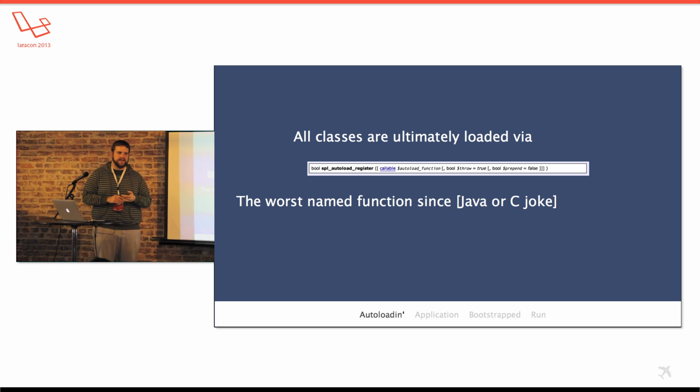It's used in the container, it's used in a bunch of places, for things like aliases, classes. Essentially, it allows you to pass a callable. In many cases it could be an array with a class name and then a method to call, usually a static method, or it can just be a function.